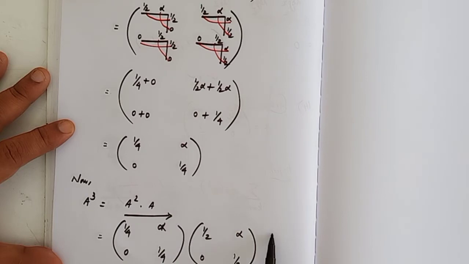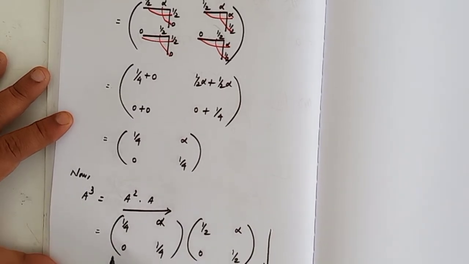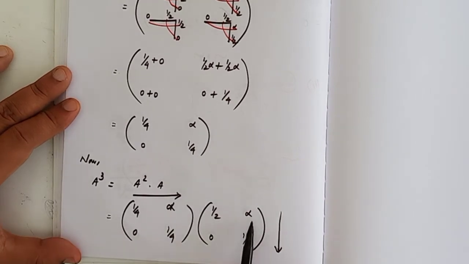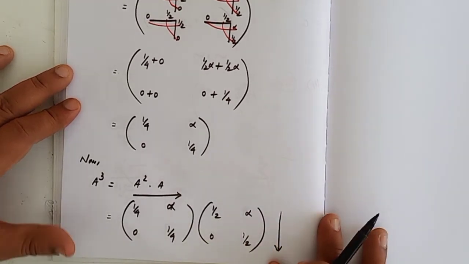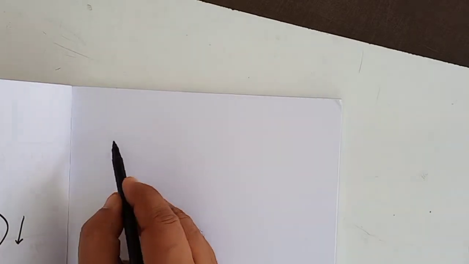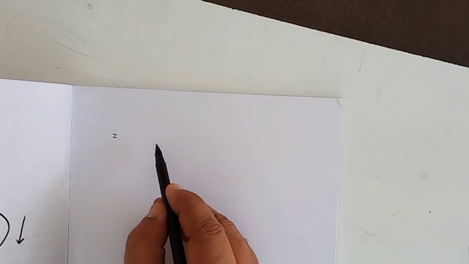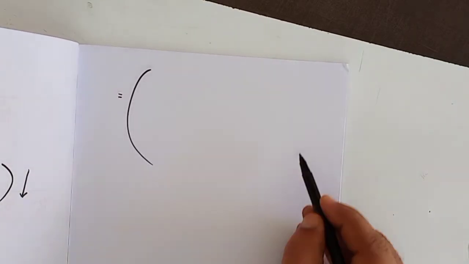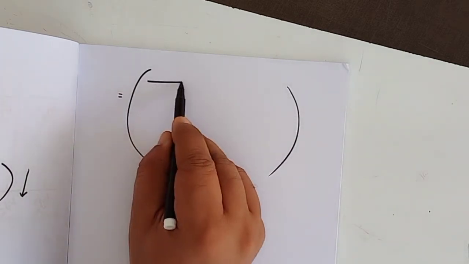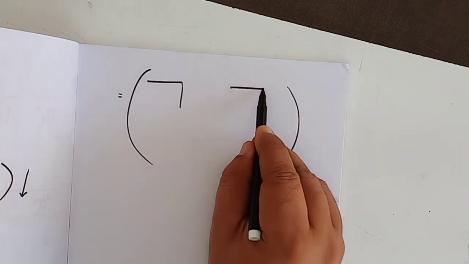Again a row by column multiplication. In the first matrix we have 2 rows, in the second matrix we have 2 columns. The resultant matrix is of order 2 rows, 2 columns.